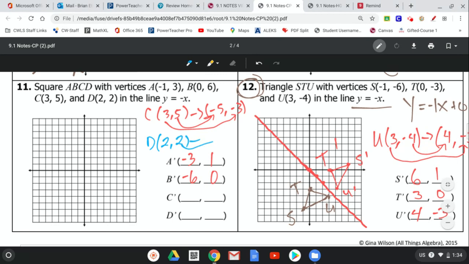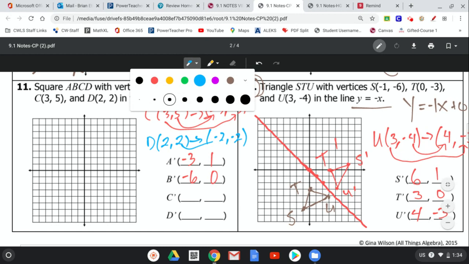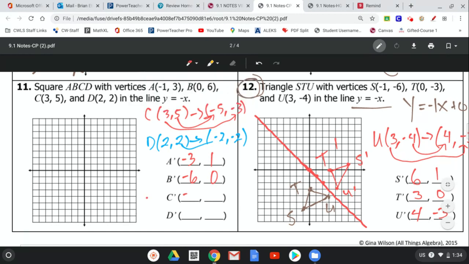So when we change it up here and reflect it, it's going to be -2, -2. All right? So putting those coordinates down here, it's going to be -5, -3, -2, -2.